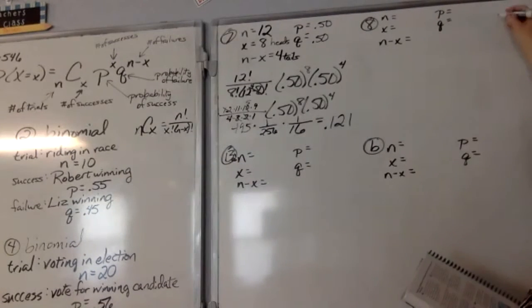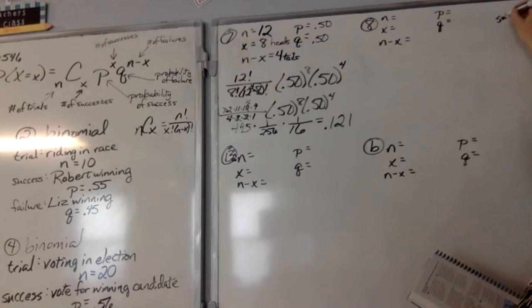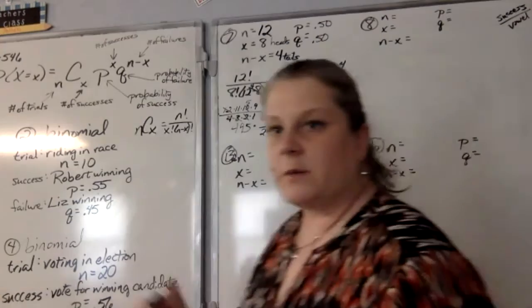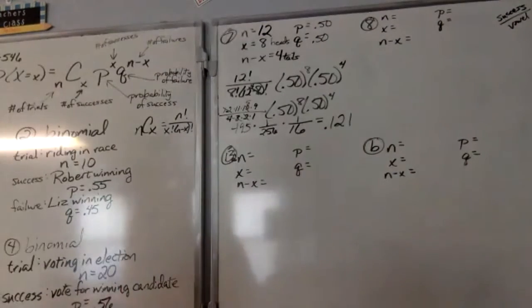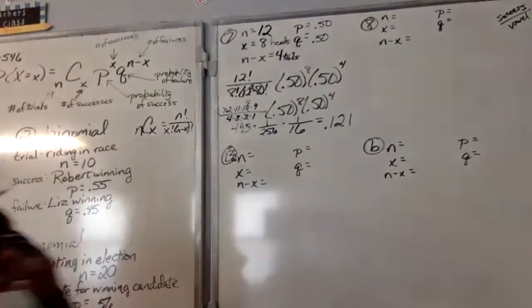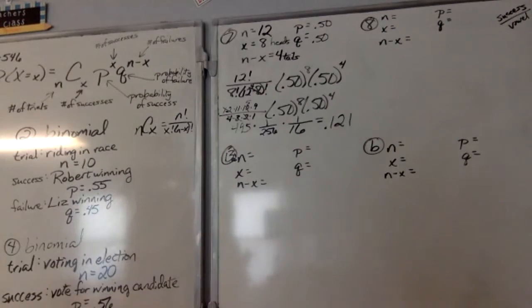So success is considered getting a vowel, right? So the failure would be getting a consonant. There are 26 letters in the alphabet. It said they were doing the trial how many times? 7 times.